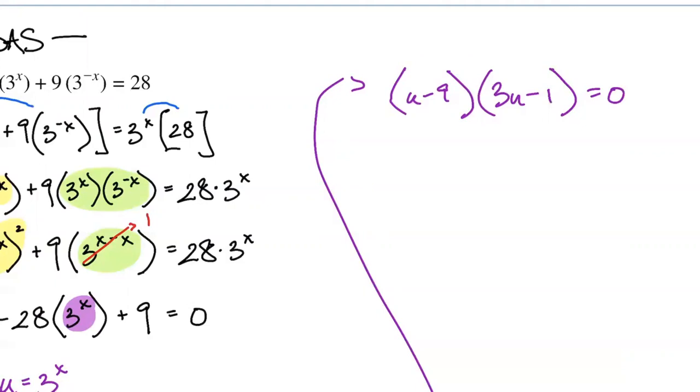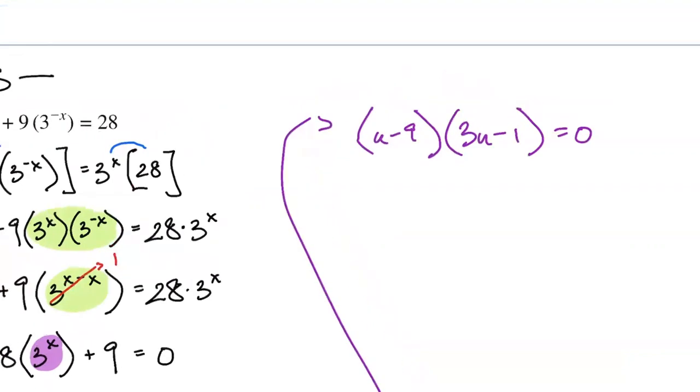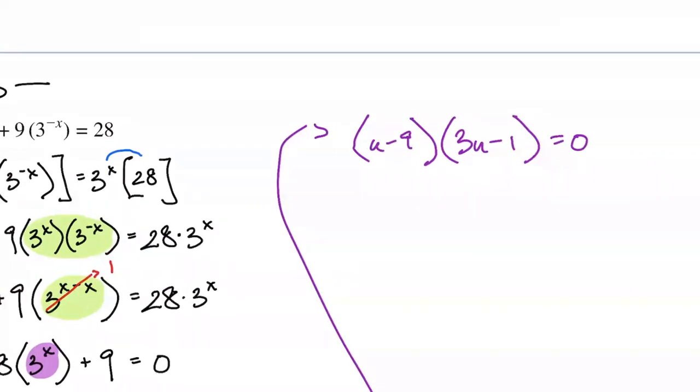It basically states that if you have two things that are multiplied together and they equal 0, say A times B equals 0, then A equals 0 or B equals 0. So in this case, we can say u minus 9 equals 0, and we can also say that 3u minus 1 equals 0.